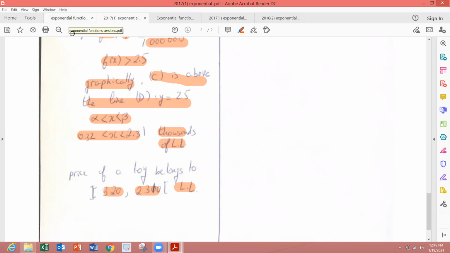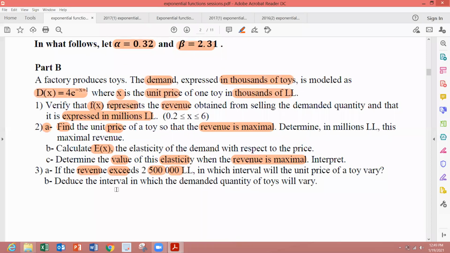The last part: deduce the interval in which the demanded quantity of a toy will vary.